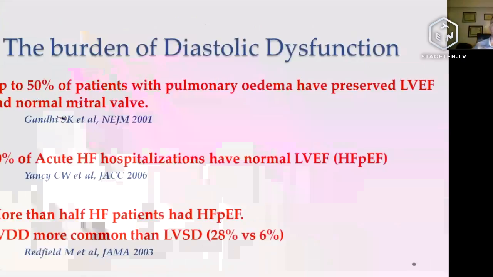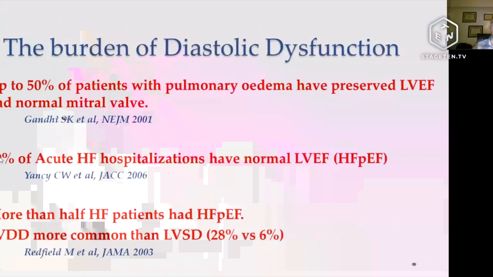So the first paper by Gandhi shows how up to 50% of patients presenting in the emergency department with pulmonary edema have preserved LV ejection fraction and a normal mitral valve. So the reason for pulmonary edema is a precipitation of diastolic function.